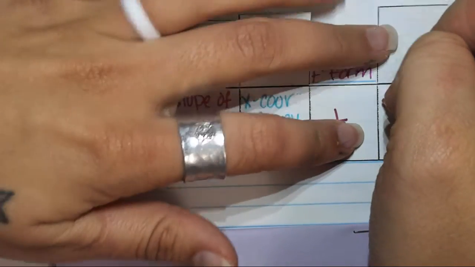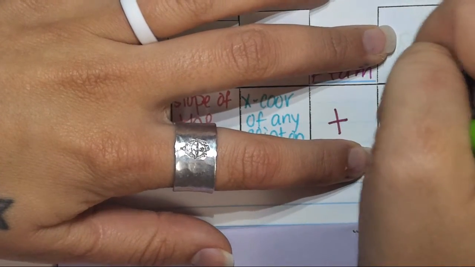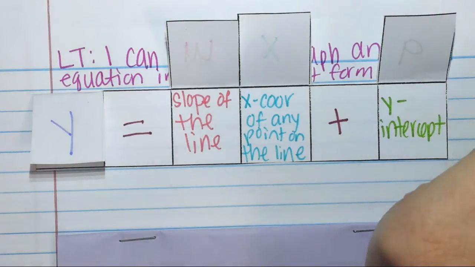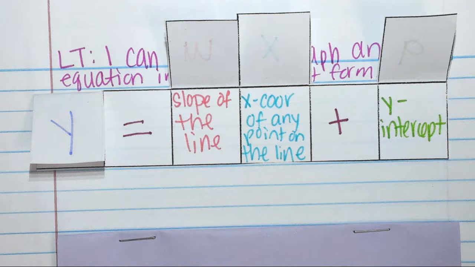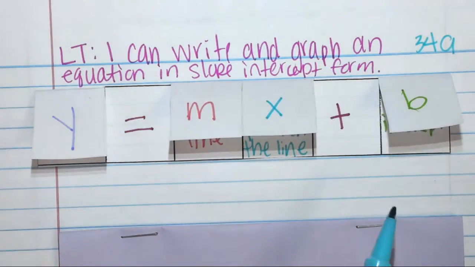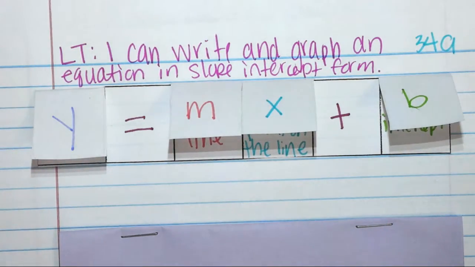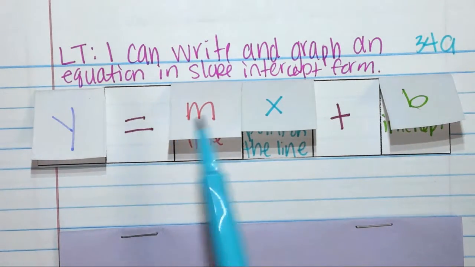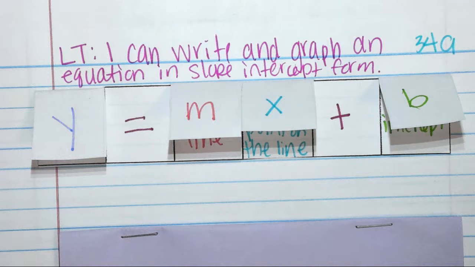Take a point. So b is the y-intercept. This is called slope-intercept form because it's the slope, which is m, and the y-intercept, which is b. So now what we're going to do today is learn how to write in slope-intercept form, and learn how to plug in for each of these things.